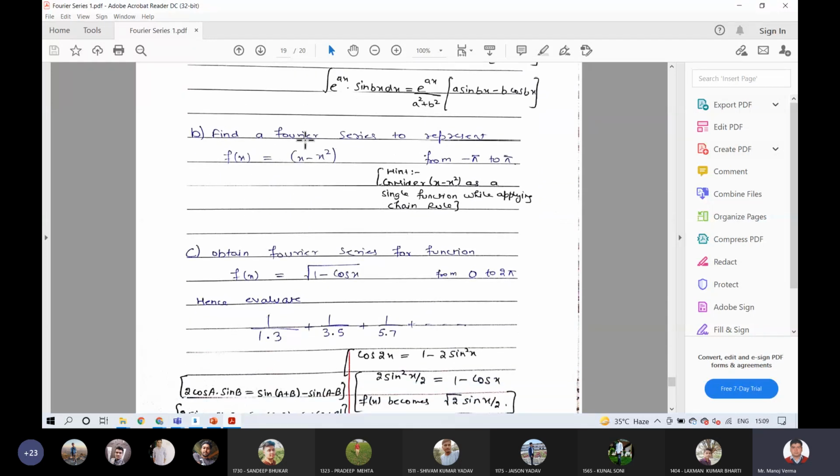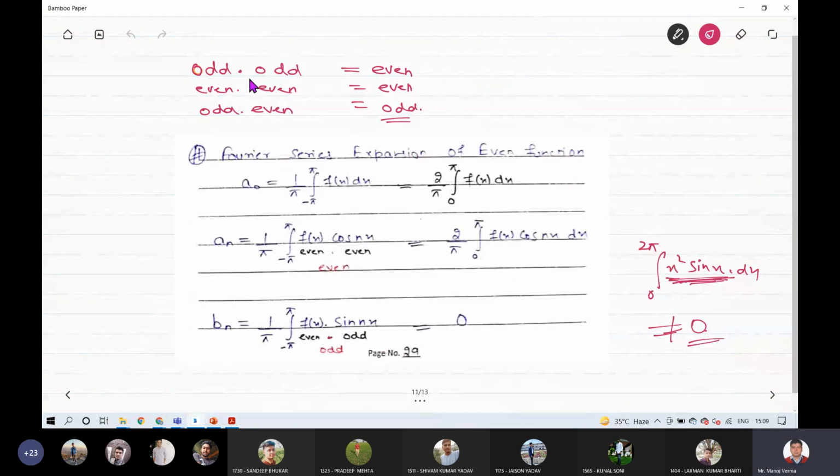Now, for question B, as the limits are from minus pi to pi, and this function is neither even nor odd, you cannot tell the nature of a function when there is an addition or subtraction of two different types of functions.